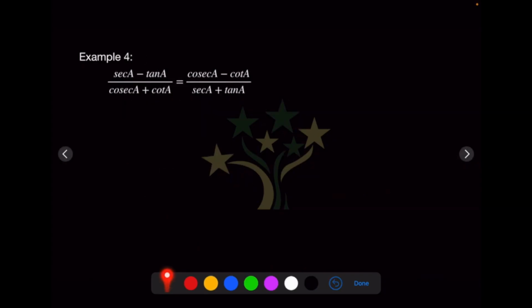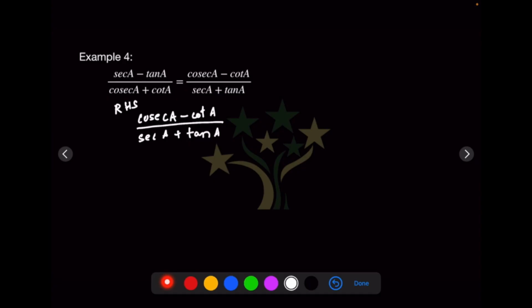Here we have to prove (secA minus tanA) by (cosecA plus cotA) is equal to (cosecA minus cotA) divided by (secA plus tanA). Both LHS and RHS seem equally complicated, so you can start from either side. Let's start with RHS. We have cosecA minus cotA divided by secA plus tanA.